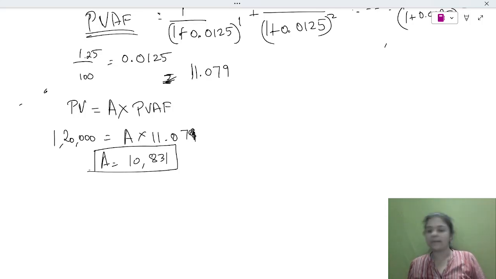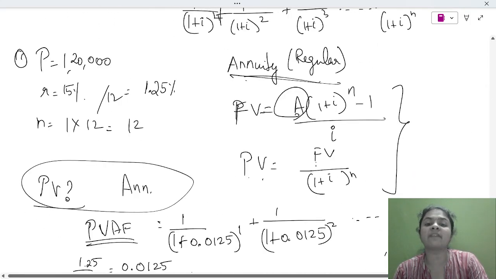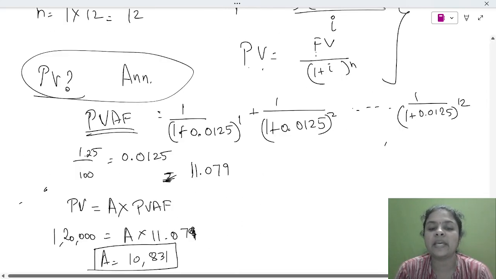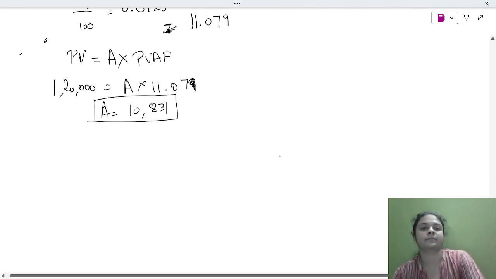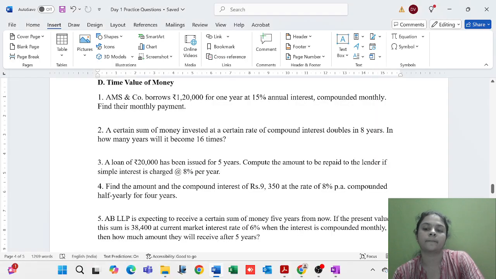So friends, remember in the exam, if annuity is given or asked with future value, use this formula. But if present value is given in the question for annuity, please use the shortcut because that will be less time consuming than doing the full formula method. Am I clear? Yes or no? Can I have some answer? Yes, ma'am.